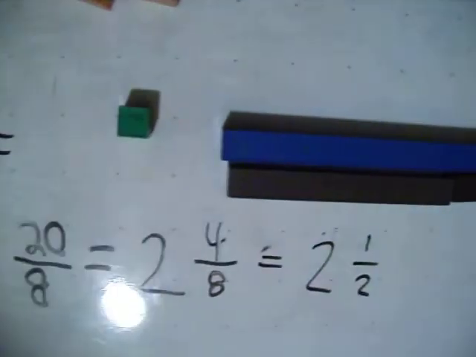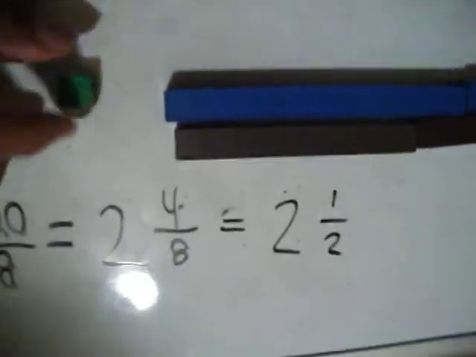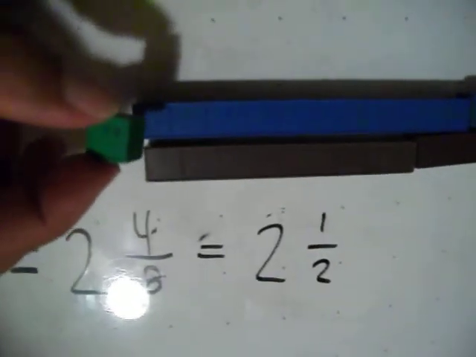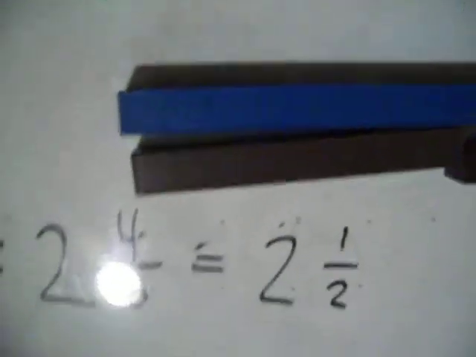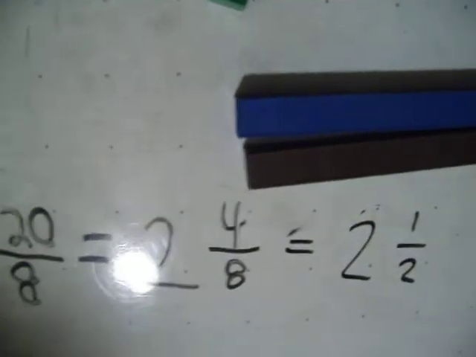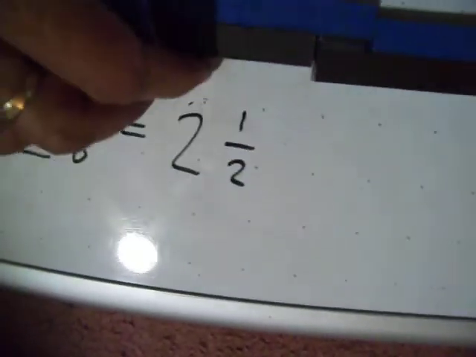You're in the light. There you go. Now, if I have this as 1/8, I have 20 of these 8s. Every time I get 8, that's 1, right? The 8 tells me what kind the 1 is. And that would make 1, 2, and 4 8s.